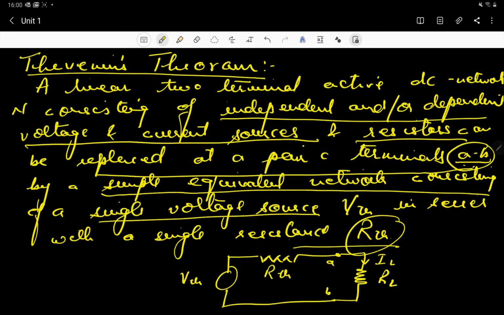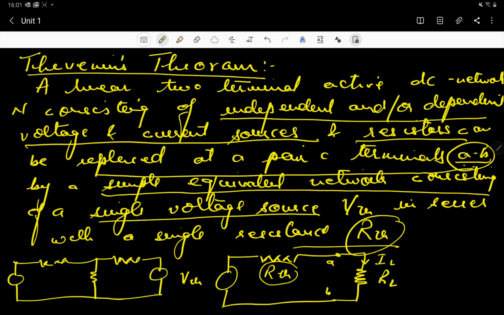And what you are going to do, if you want to find out the resistance in any particular circuit, suppose you have this complex circuit. This voltage source is already given, and another voltage source is given over here.